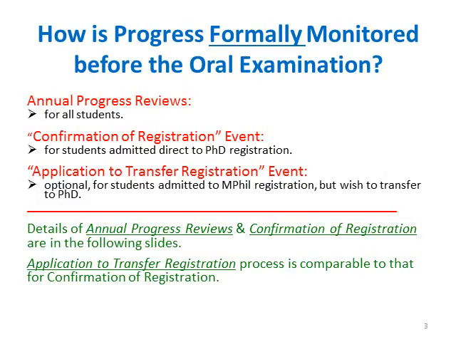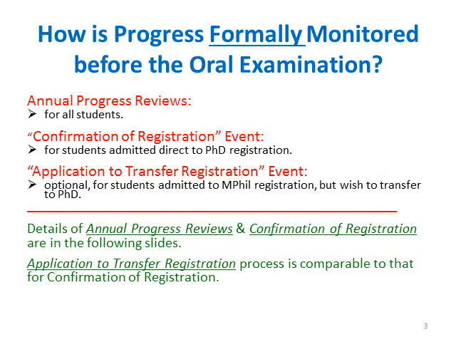So you'll see from this slide that there are technically three different procedures that we follow. One is the annual progress reviews, sometimes called annual monitoring, and this takes place for every student. In addition to that, there's either a confirmation of registration event or an application to transfer registration event, and those are for different groups of students.